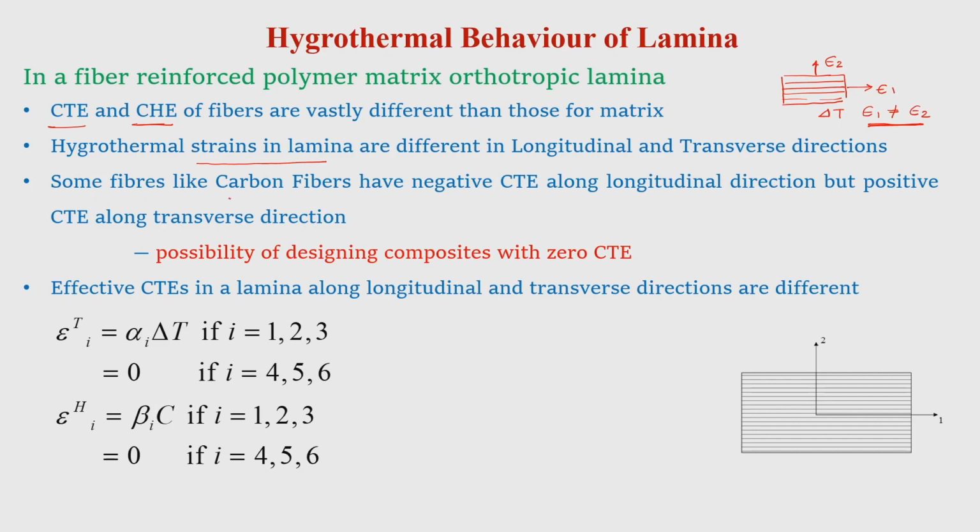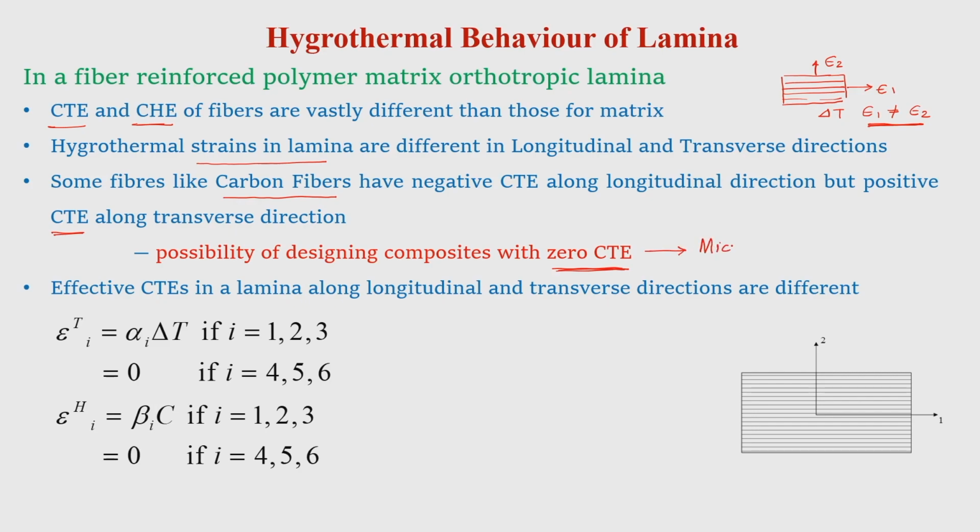In addition to that, I am just trying to emphasize the difference with the isotropic material. Some fibers like carbon fibers have negative coefficient of thermal expansion along the longitudinal direction. Okay. But in the transverse direction it is positive. Okay. And that leads to the possibility of designing composites with 0 coefficient of thermal expansion. I will come back to this a little later when we see this in micromechanics.